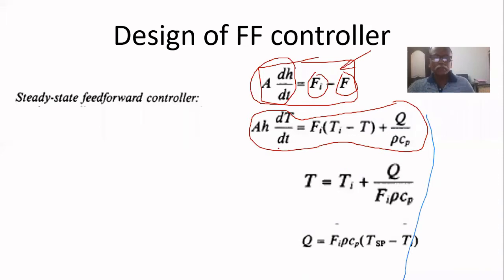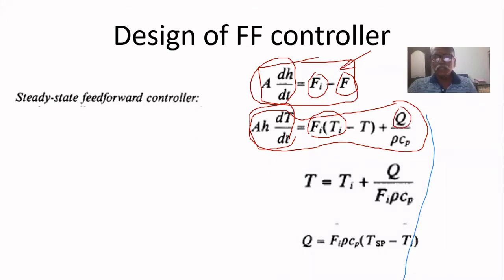On the left hand side, this is the amount of heat accumulated inside the thermal process. This is the amount of heat entering. If you multiply this by rho Cp, then only... Q is actually a heat energy quantity, that's why there is no need to multiply it by rho Cp.